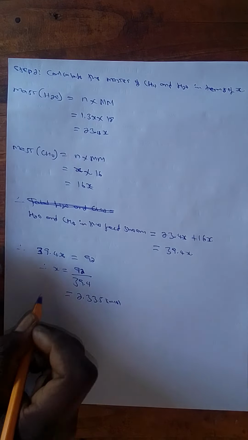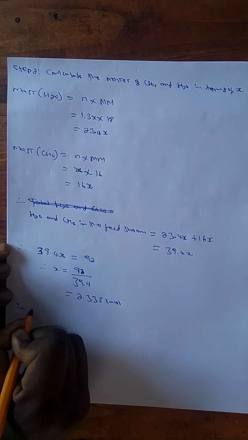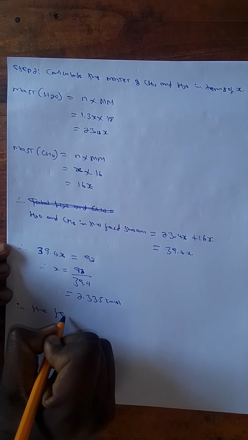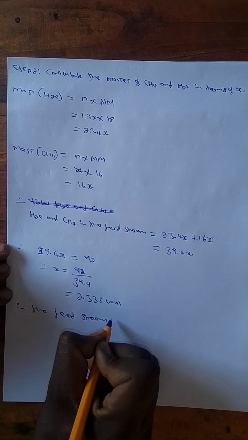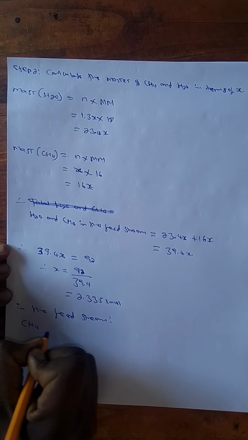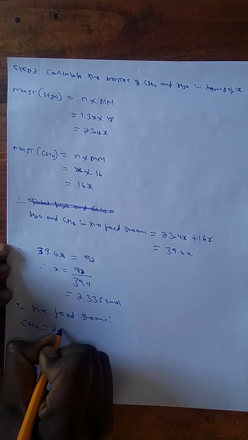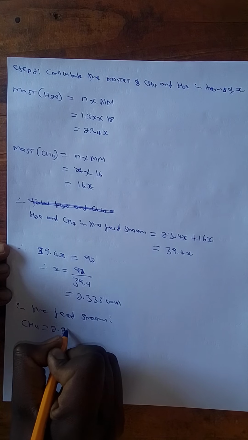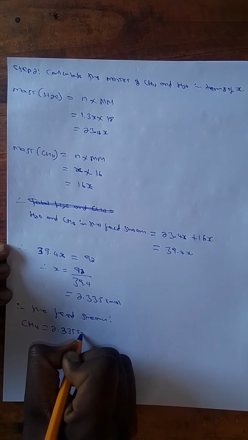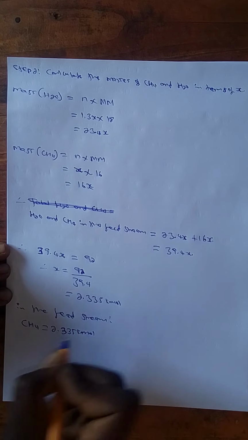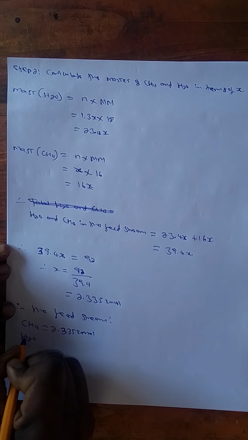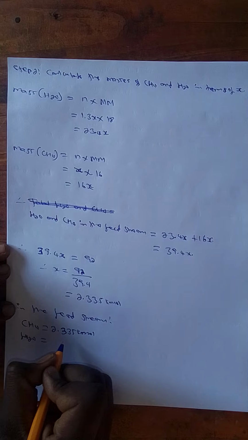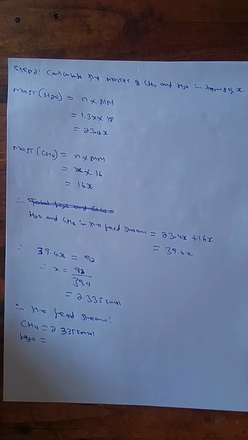Remember, x we defined as the number of moles of methane in the feed stream. So in the feed stream, methane is equal to 2.335 kilomole. And then H2O, let's calculate the H2O.